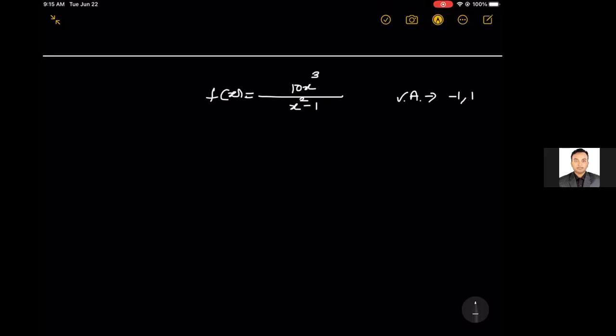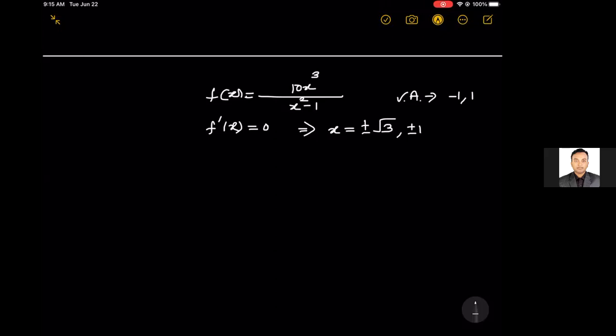we have critical points, or at least when we set this to 0, we got x equals plus minus square root of 3 and plus minus 1, right?